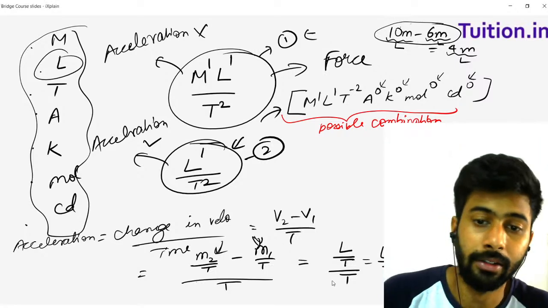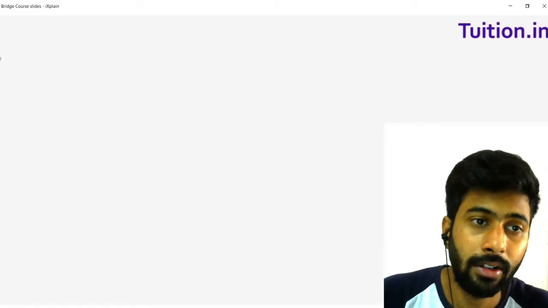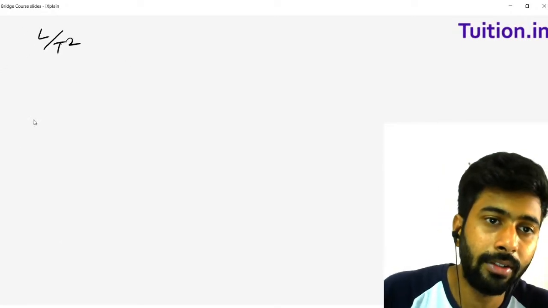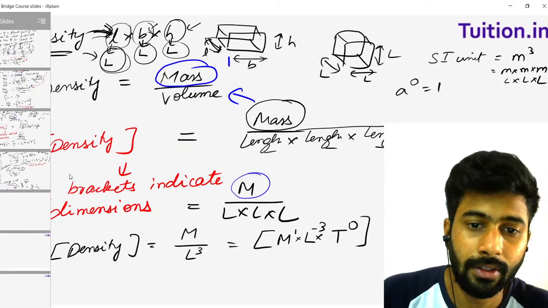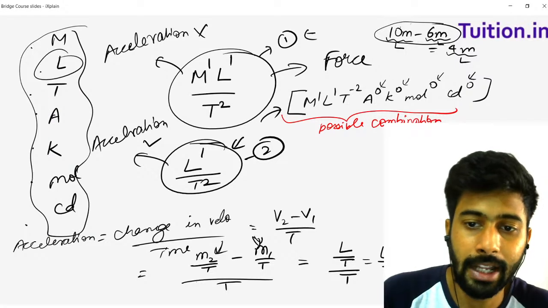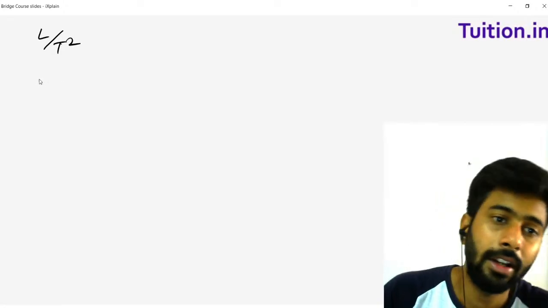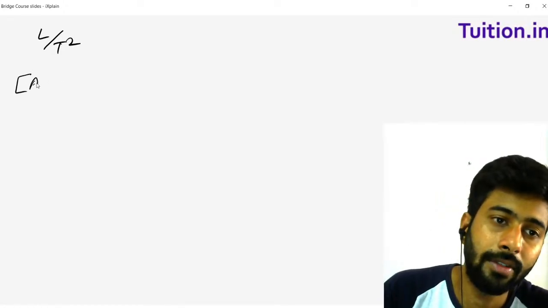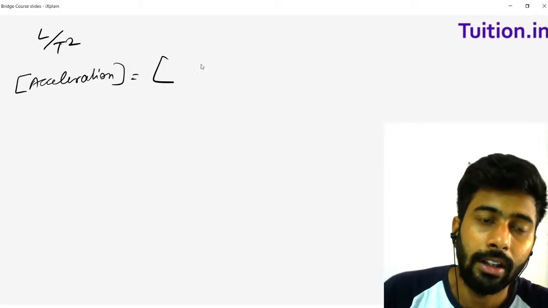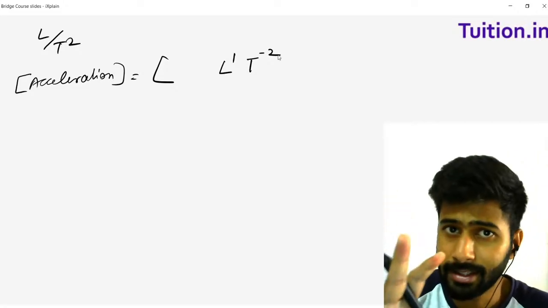And let's look at acceleration for that matter. How do I represent it? Length by time square. Just now we saw it here, length by time square. So when I represent it as a combination of all 7, what are the dimensions of acceleration? You're taking length once, you're taking time twice, but you're dividing it.